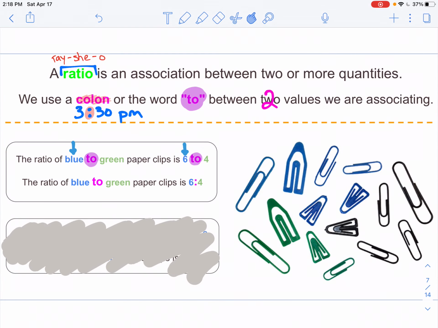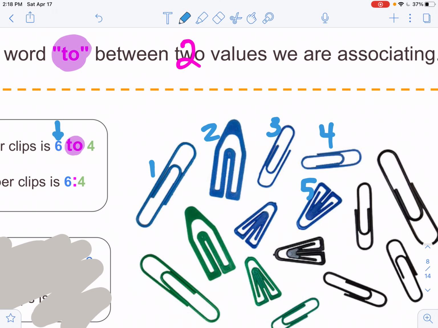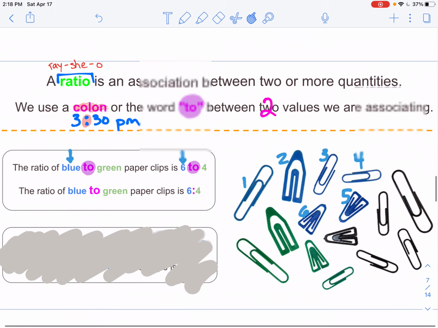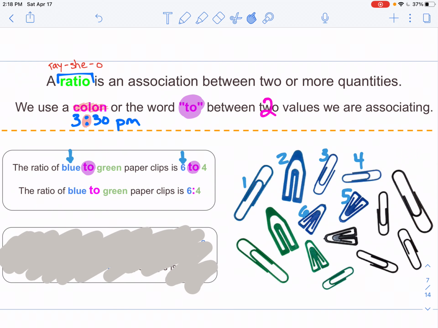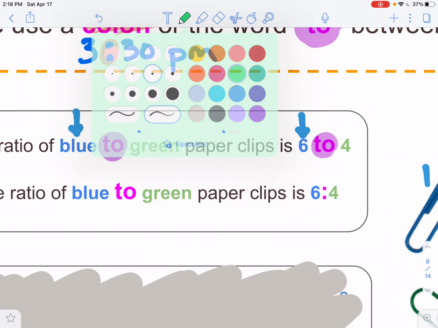Looking at the picture, there are 6 blue paper clips. We already counted them before, but I'll do it really quick again. There are 6 blue paper clips. Notice again that blue comes before TO and the 6 comes before TO. That's how I know they're associated, how they go together. So what about after the TO? To the right of the TO.